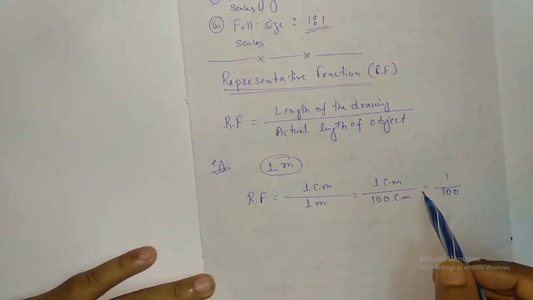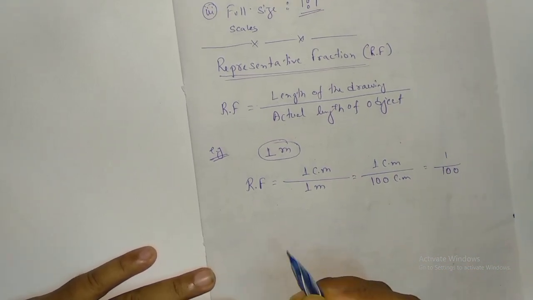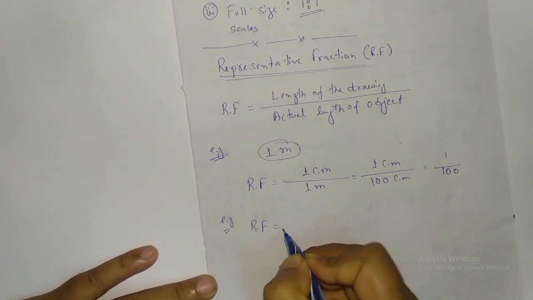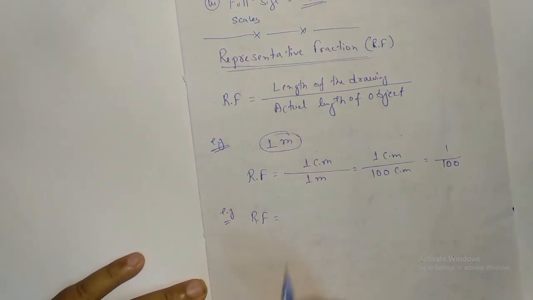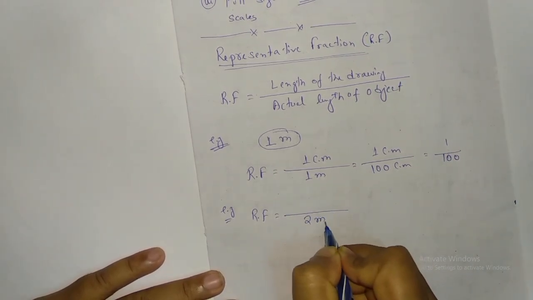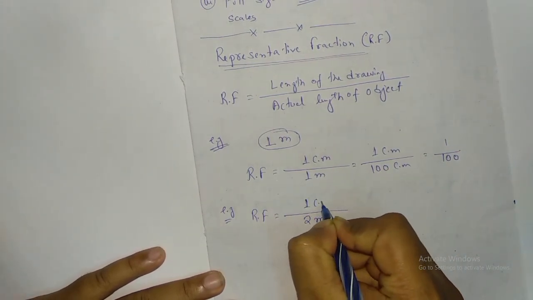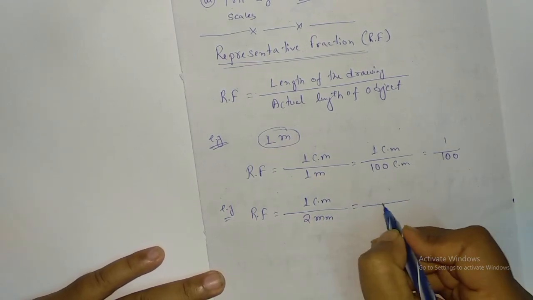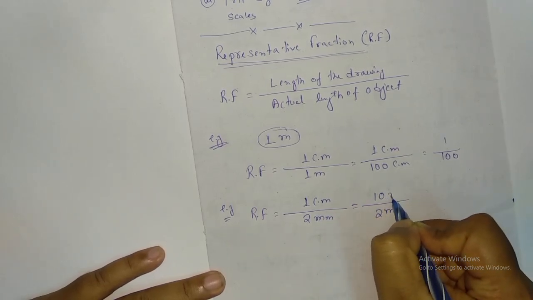So for a reducing scale the RF is less than unity, less than 1. For an enlarging scale, RF is greater than 1. Suppose I take one example. Suppose your original dimension is 2 mm, and you are going to enlarge this dimension into 1 centimeter in your drawing scale. So this is nothing but 2 mm, and here this is 10 mm.